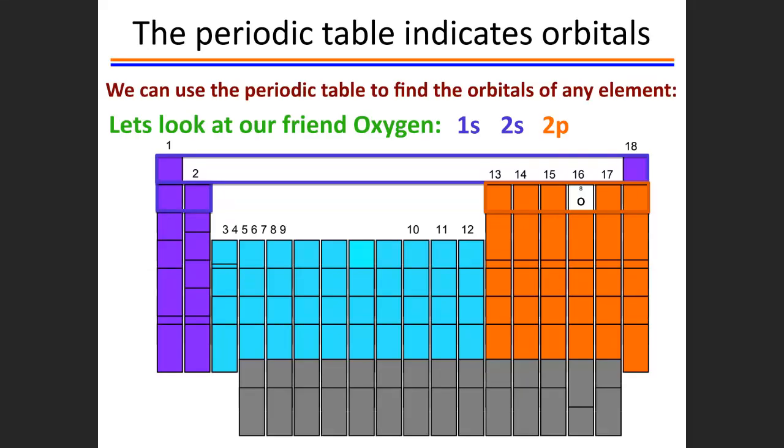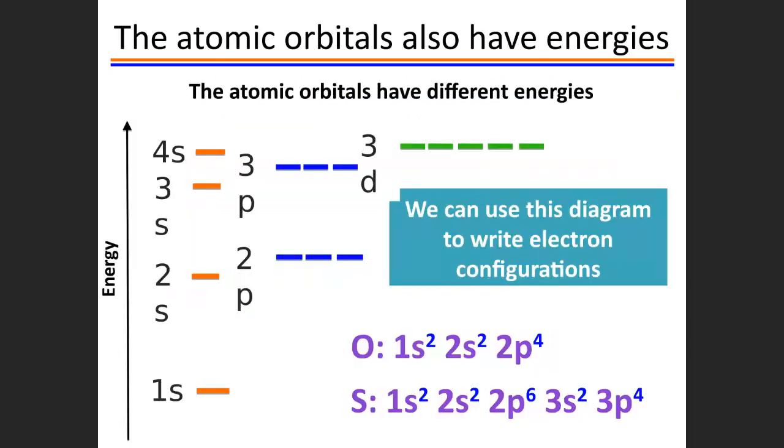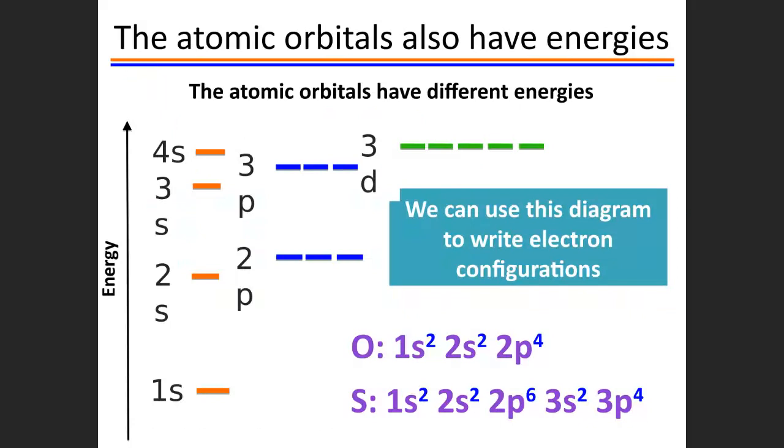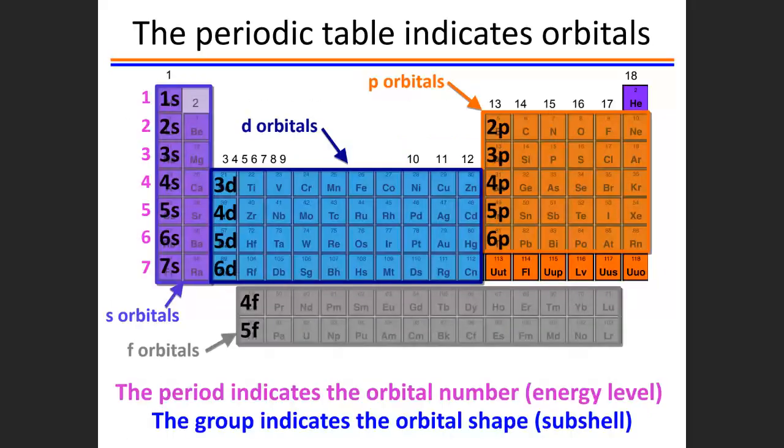And even the orbital theory we saw, we can write from here also. So the one I was talking about, sulfur: 1s2, 2s2, 2p6, 3s2, 3p4. Here we have it.